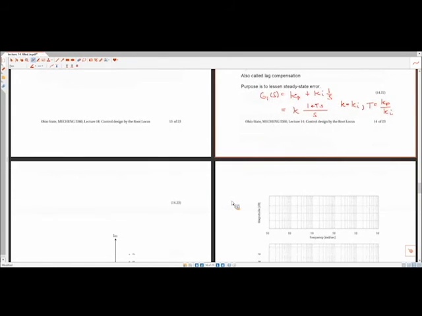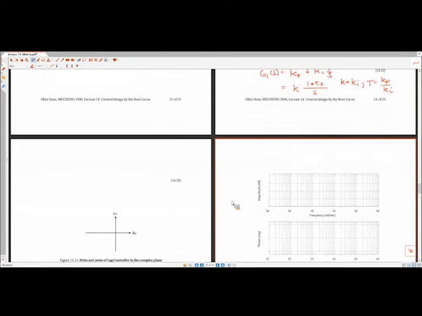Okay, so lag controllers have a fairly similar form. It's going to be slightly different. But we have G1 lag of S. And you're going to say, why is this any different than the lead controller? It looks exactly the same. All right, this is the exact same form of our lead controller. The difference here is where our 0 and pole are.